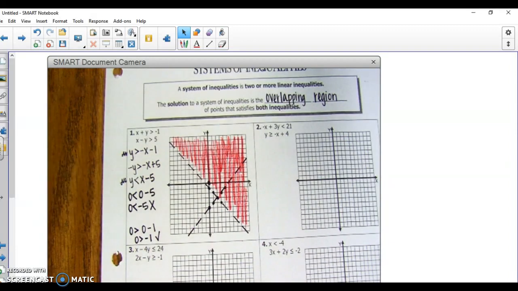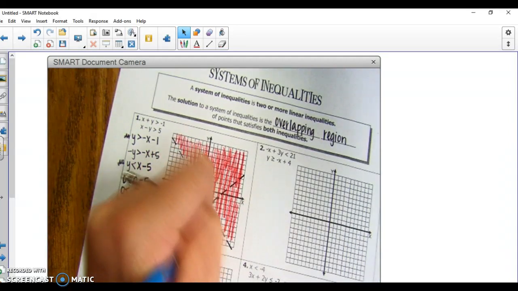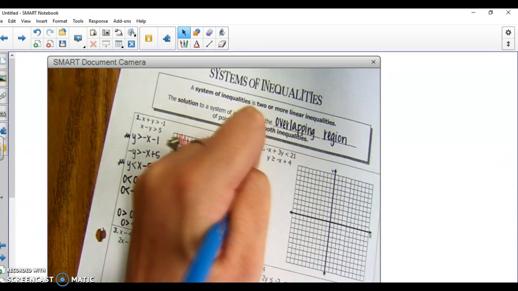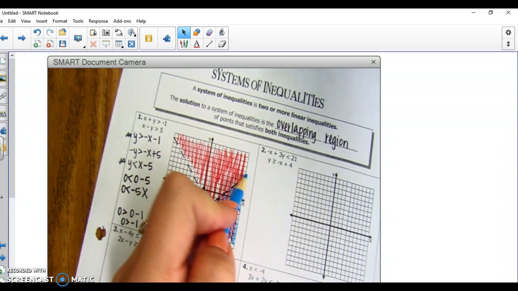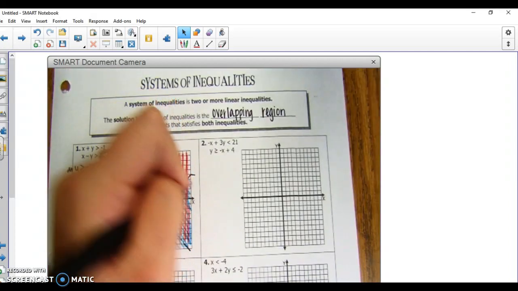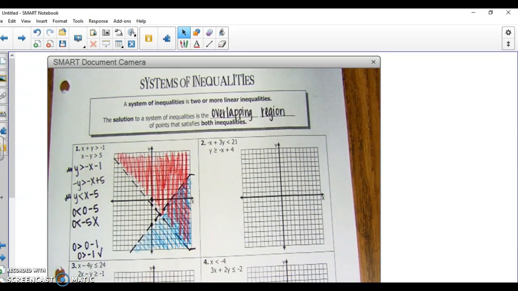So when I do that, I'm going to show you the overlapping area. So I'm going to shade this whole side. So anything in this section right here is going to be one of our solutions. So anything right here where these two overlap.